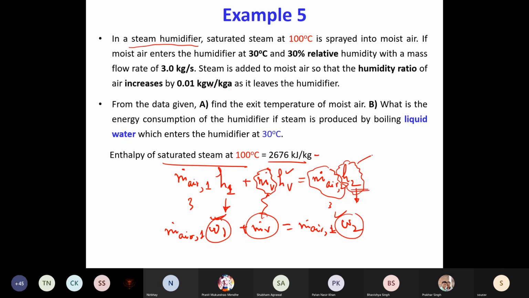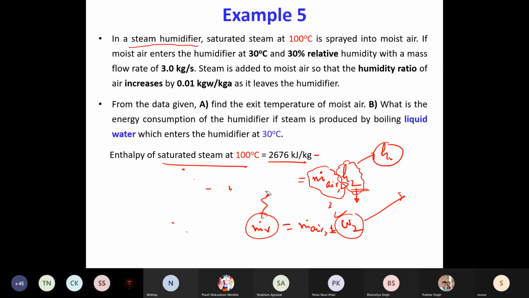So once you get H2 and you know omega 2, using these two properties, you can pinpoint the state at the exit of this mixing process. Remember, you always require two properties to determine the state.